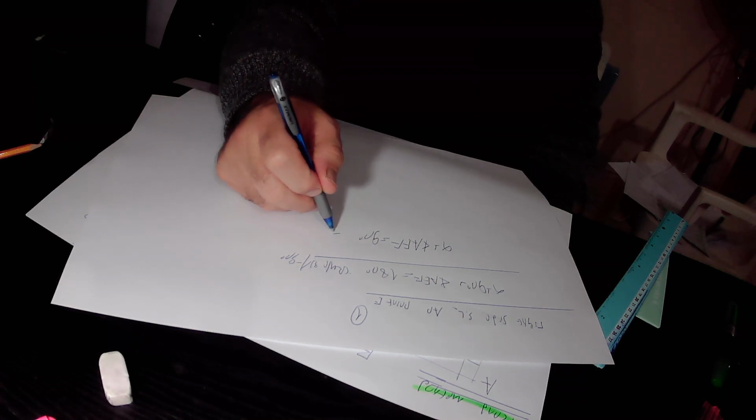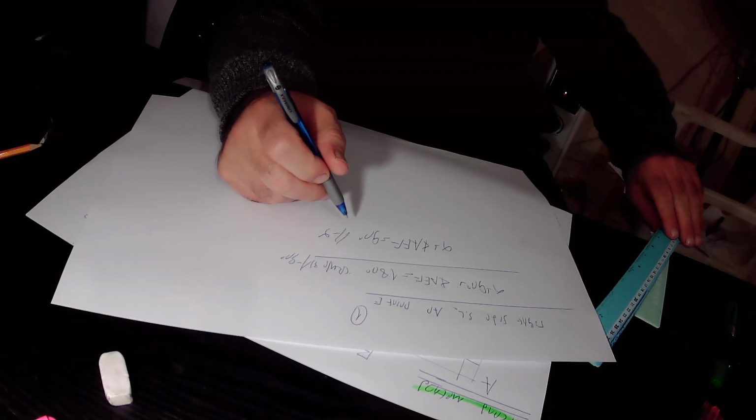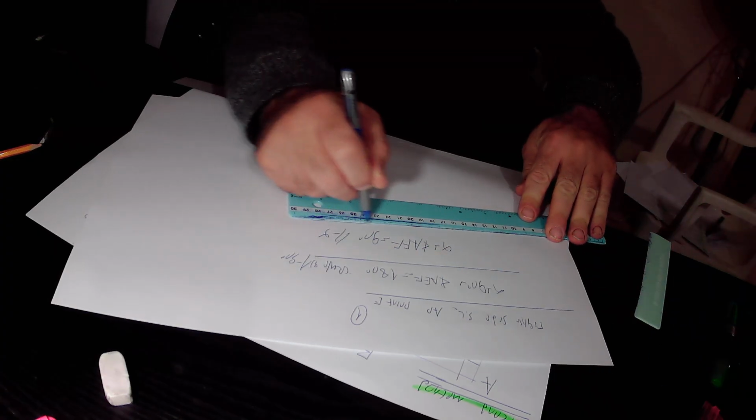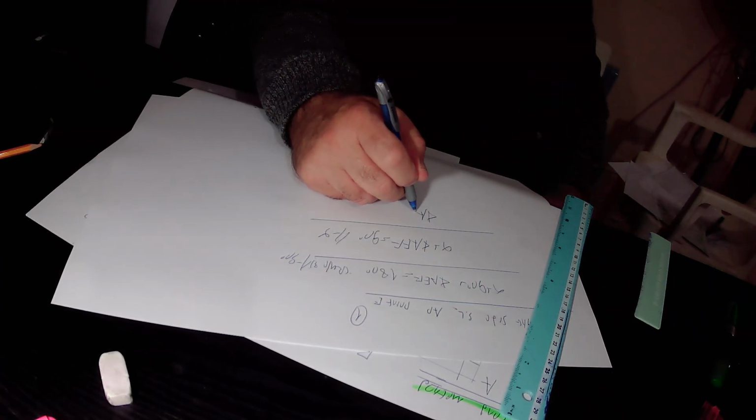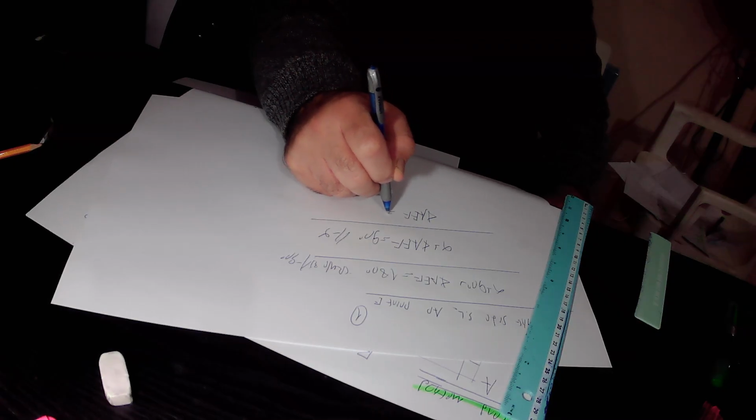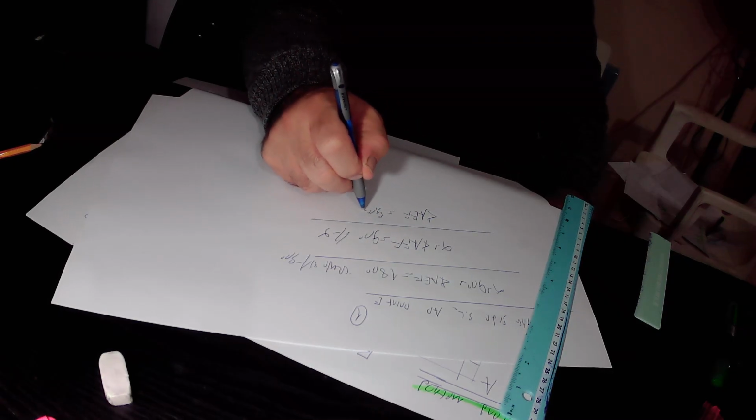Here we subtract alpha from this equation, and you get that the missing angle AEF is equal to 90 degrees minus alpha.